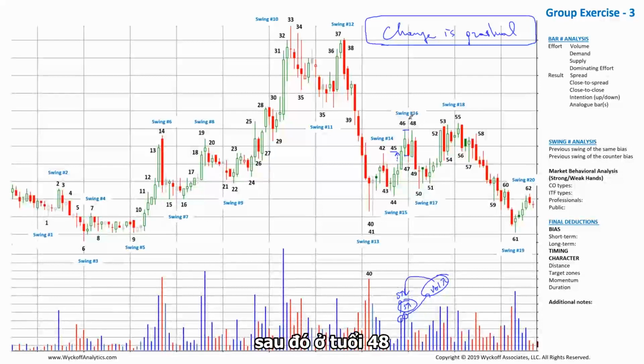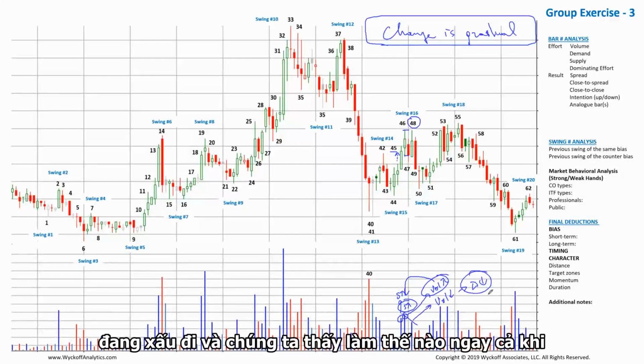Then at 48, we're seeing that the volume goes down. And that suggests that demand by itself is deteriorating.